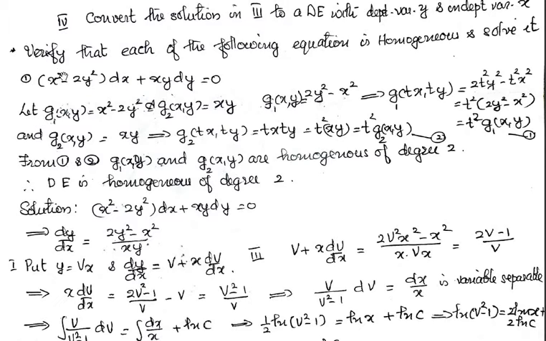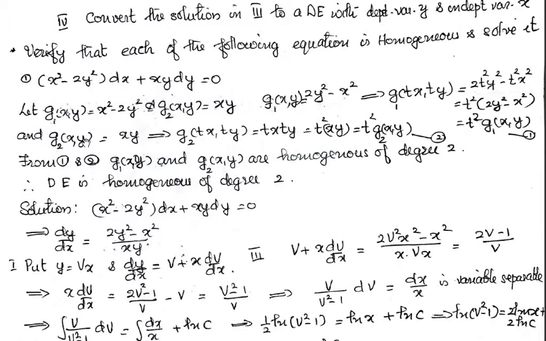Now I took this expression as g1 of x comma y and this as g2 of x comma y, and testing for homogeneity, g1 of x comma y replaced by g1 of tx comma ty, getting t square into 2y square minus x square, which is our g1 of x comma y. Thus the first quantity is homogeneous of degree 2.